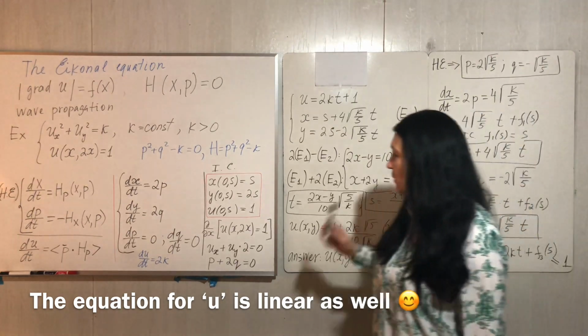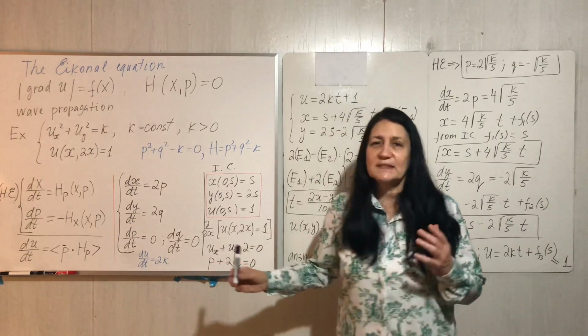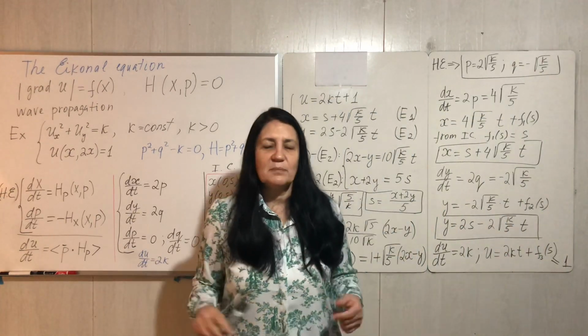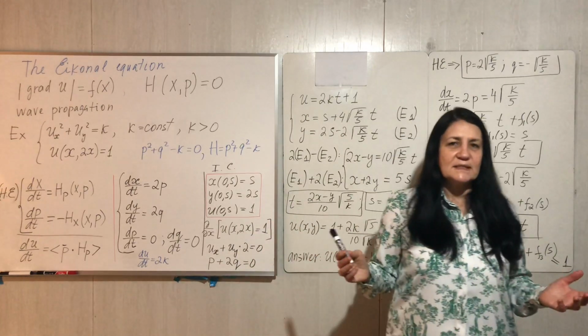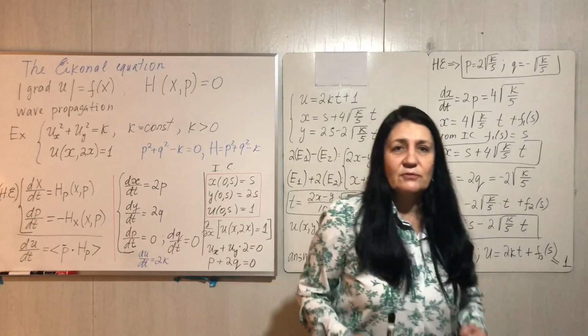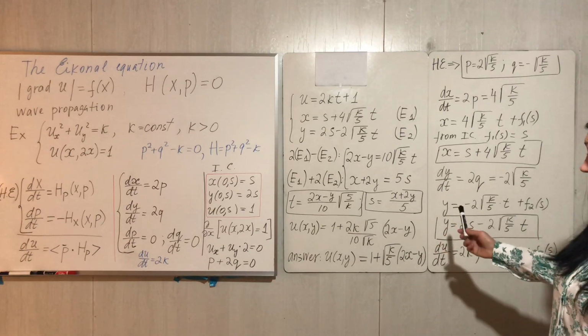And also we can notice that here dp dt and dq dt equal 0. So what's happening in the system describes a profile traveling with constant speed along straight lines, right? So it's related to light propagation.